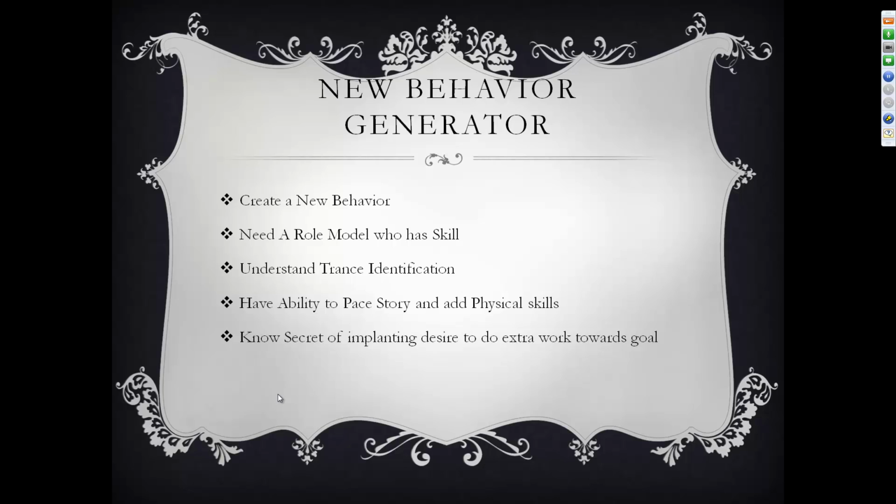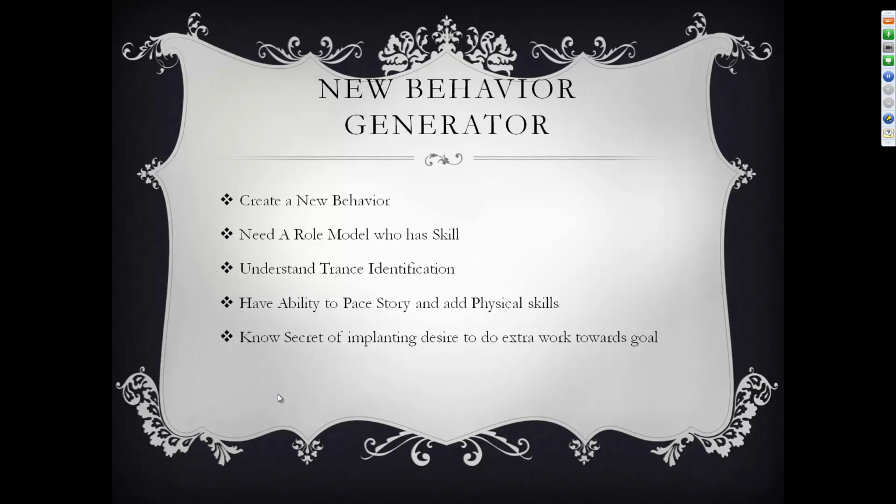If you want to be a better public speaker, you've got Tony Robbins, Deepak Chopra, Oprah Winfrey, I don't care. But you know that they have the skill that you want. When I first saw this technique in NLP, I thought, wow, this is just like theater of the mind from Maxwell Maltz. And he actually got it from studying athletes, because all athletes seem to do this naturally. So you need a role model that has the skill that you want.